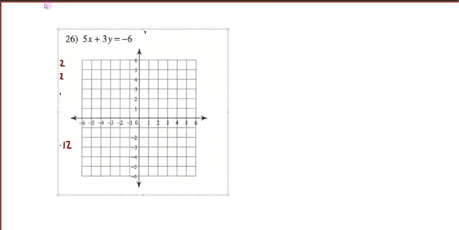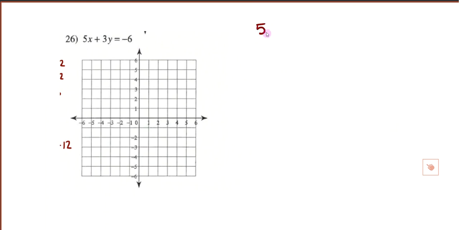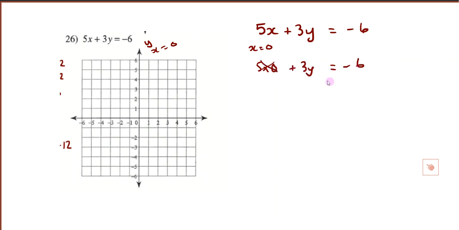Let's go through this one then. Tyler, have you got it? Yes. Right. So you've noticed that for this one, if I make x equal to 0 and I find the y-axis intercept, I've got 5 times 0 plus 3y is negative 6, so y is negative 2.